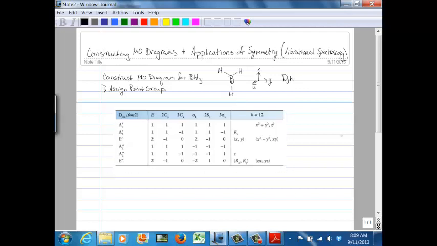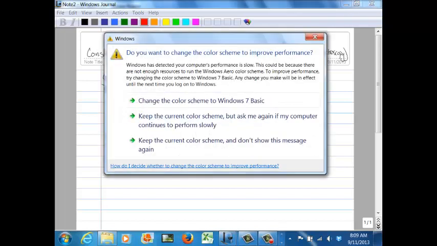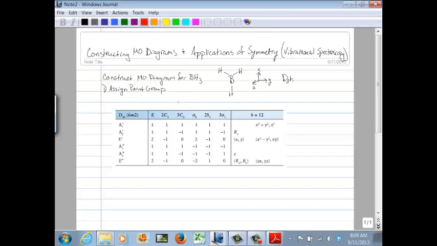Okay, so here's a D3h point group, and what I'd like you to notice is what are the symmetries of the orbitals on boron according to this character table. So the orbitals on boron that are going to bind with hydrogen, what are the ones that are available? We have the boron 2s orbital and the boron 2p orbitals, right?